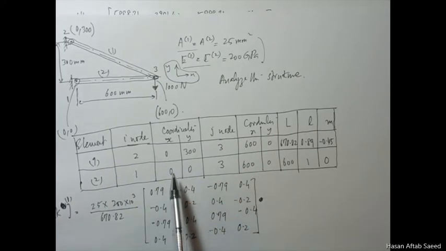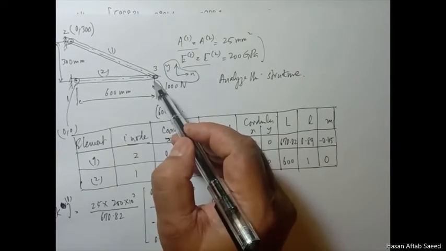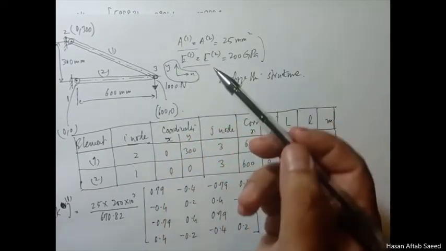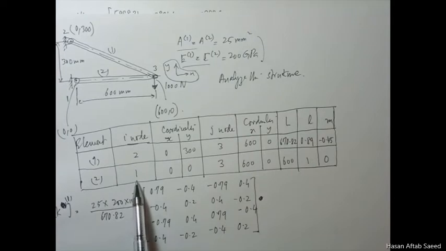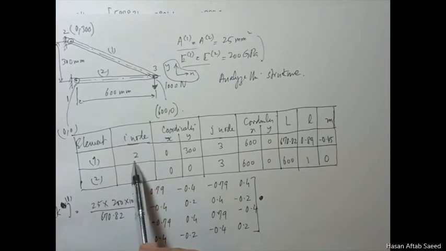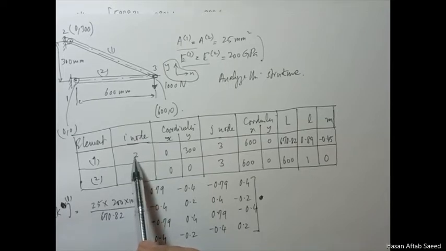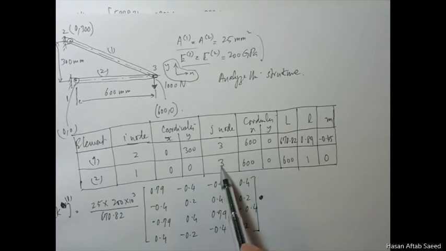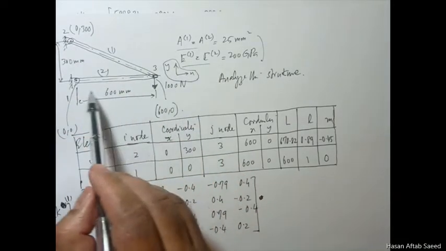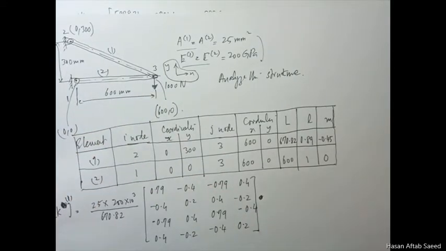For 2D systems, each node has u and v, so the first node will have degrees of freedom 1 and 2 for the whole system, the second will have 3 and 4 (2i minus 1, 2i), and the third will have 5 and 6. Because it's a 2D system, there are 3 nodes, and each node can move in 2 dimensions, u and v, so there are 6 degrees of freedom.